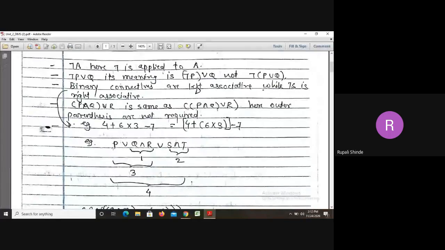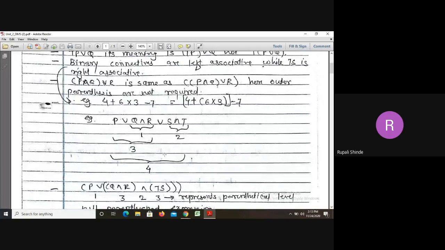Taking it from left to right, this is Q and R. We have to solve this first, because the priority of AND is greater than OR. Then we will solve S and T. At the third step we will solve P or Q and R, and then finally we will solve this OR operation.